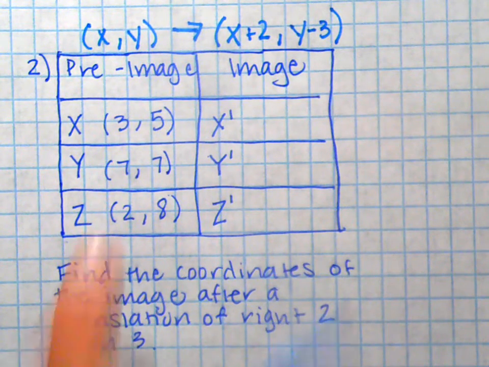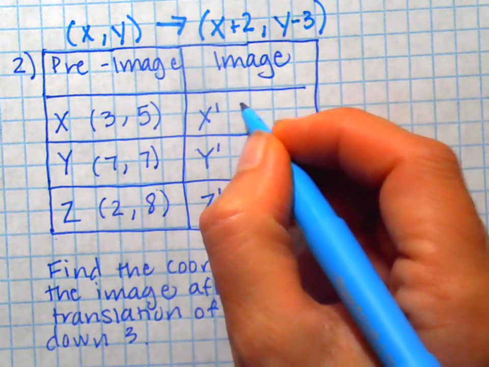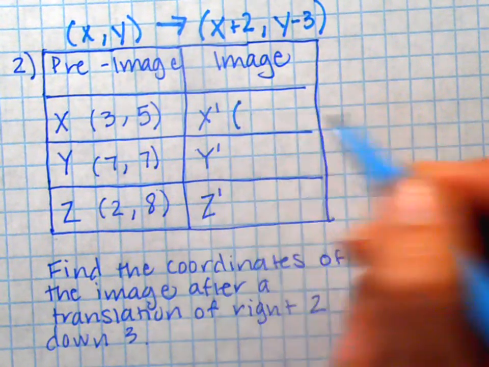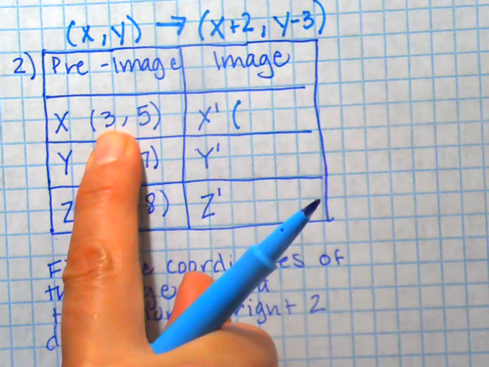Now I just have to apply that rule to these points. So my point x prime, I have to add 2 to 3.